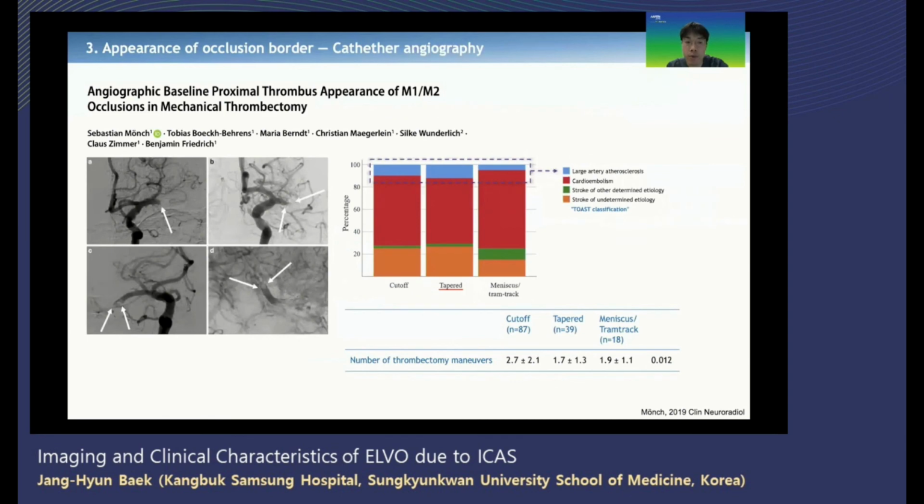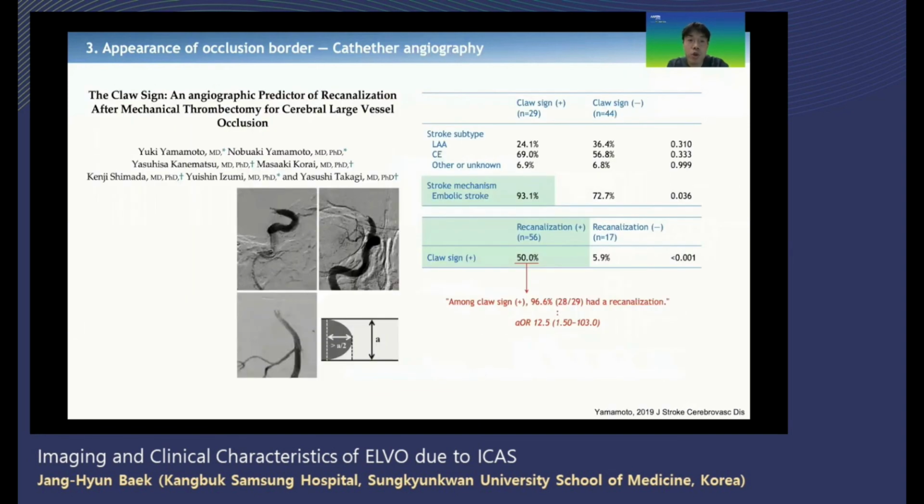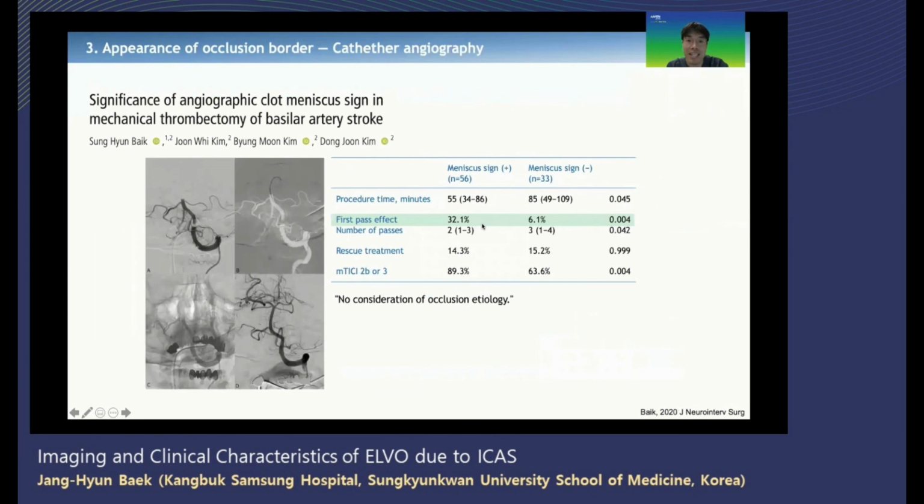However, in another report, tapered occlusion was not associated with occlusion etiology, although its determination of ICAS was much limited as it was the TOAST classification. Meniscus shape of the occlusion border was primarily associated with successful recanalization or first-pass recanalization.